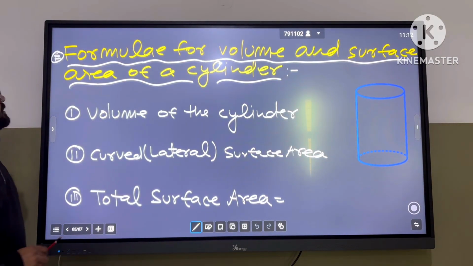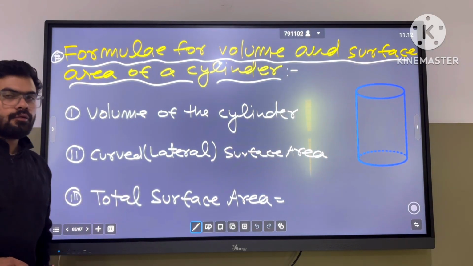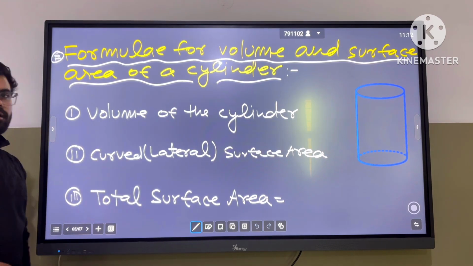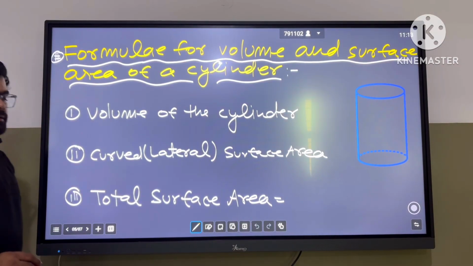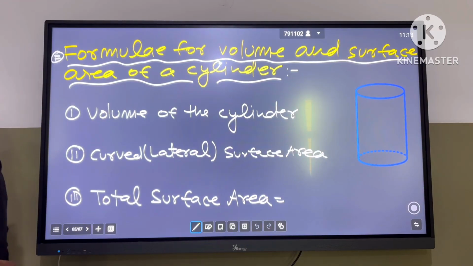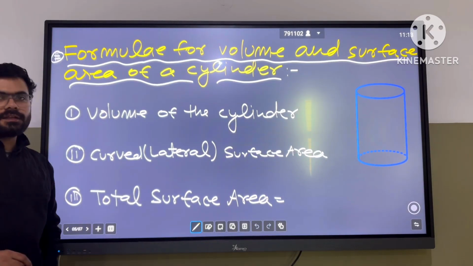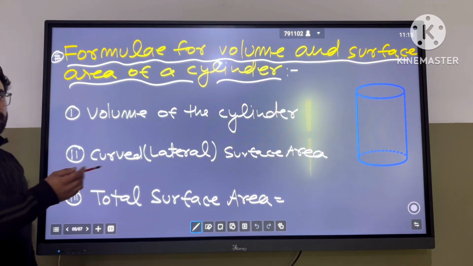Formula for volume and surface area of a cylinder. What are the formulas related to this cylinder?